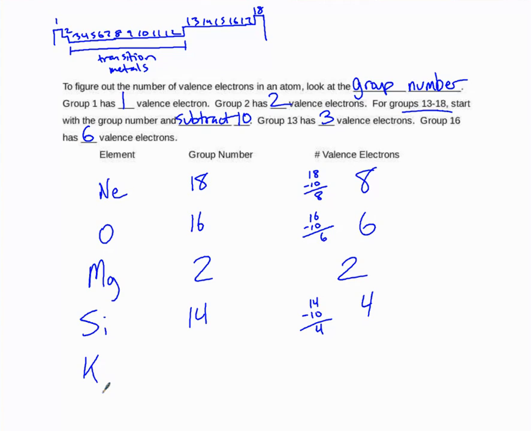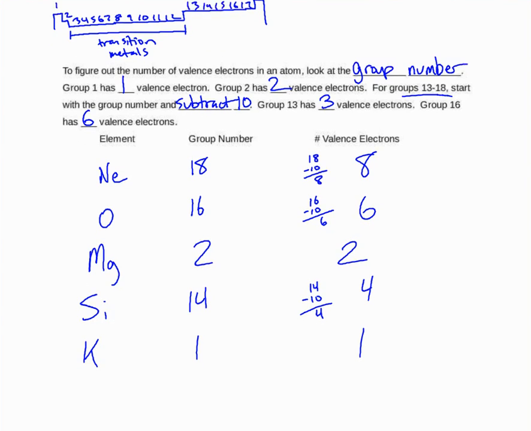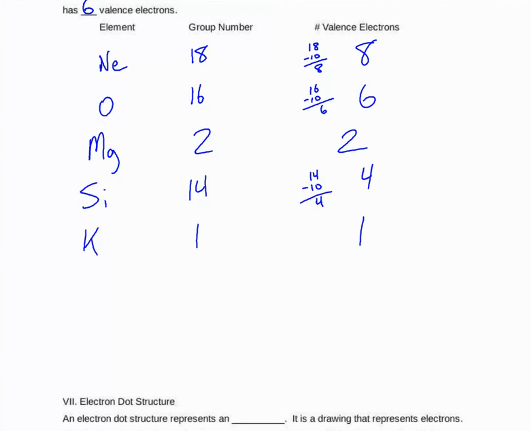Potassium, K. Potassium is in group 1, and looking up here, everything in group 1 has 1 valence electron, and that includes potassium. So looking at just a couple more, if we talk about aluminum, aluminum is in group 13.